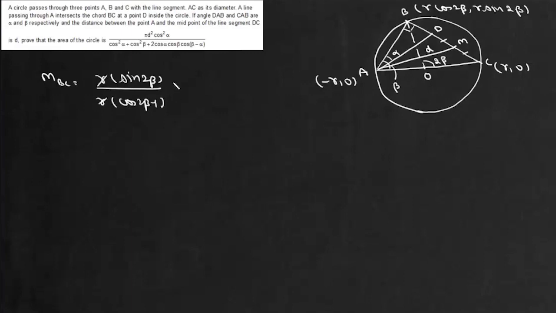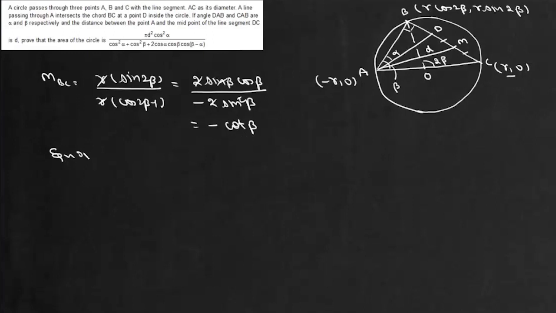Now this R and R will cancel. This is 2 sin beta cos beta, and here will be this minus 2 sin square beta. Now this 2 sin beta will cancel. So this is minus cot beta. And we have this point. So once we have point and slope, we can write equation of BC.